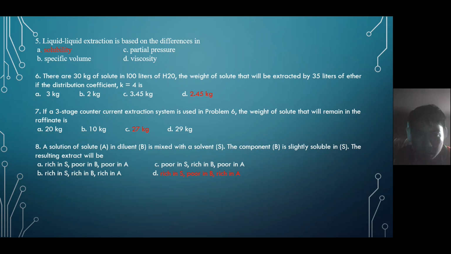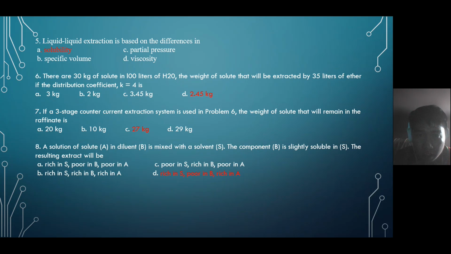So number 8, a solution of solute A in diluent B is mixed with the solvent S. The component P is slightly soluble in S. The resulting extract will be A, rich in S, poor in B, poor in A. B, rich in S, rich in B, rich in A. C, poor in S, rich in B, poor in A. While D, rich in S, poor in B, and rich in A. So by just basing on the question, we can easily say that the S is rich, while B is poor, and A is also rich.